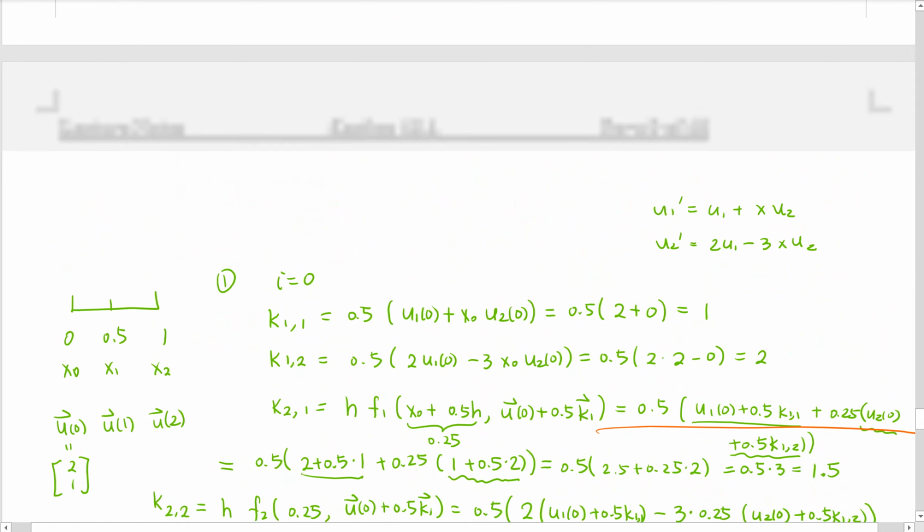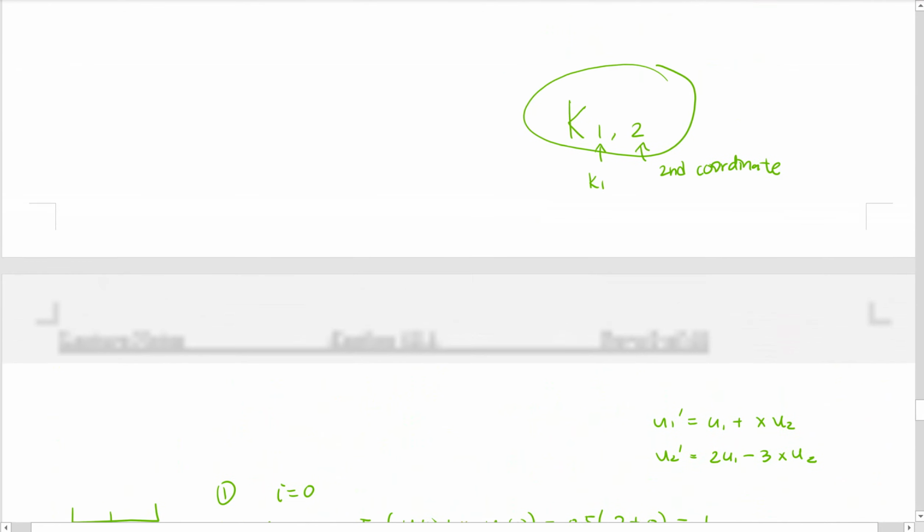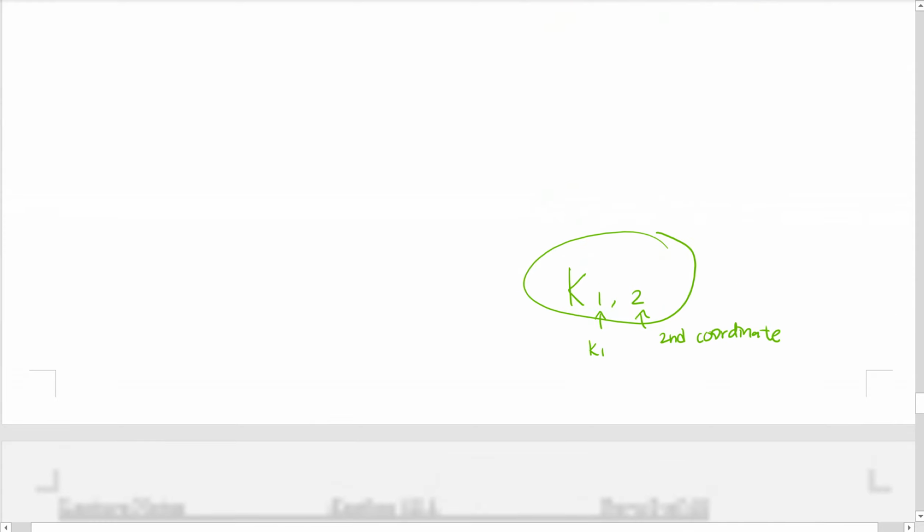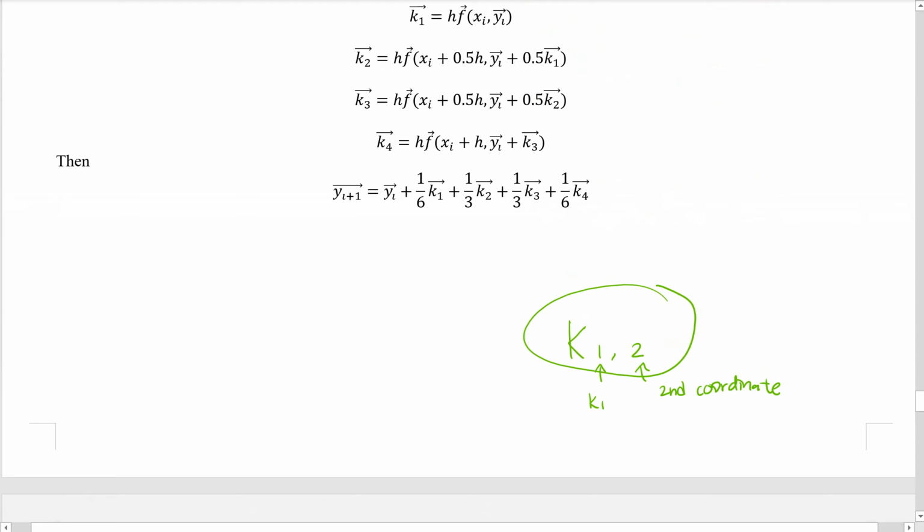Okay, that is the Y or the U1. U1 is the vector. So it is U of 0 plus 1 over 6 K1 plus 1 over 3 K2 plus 1 over 3 K3 plus 1 over 6 K4.